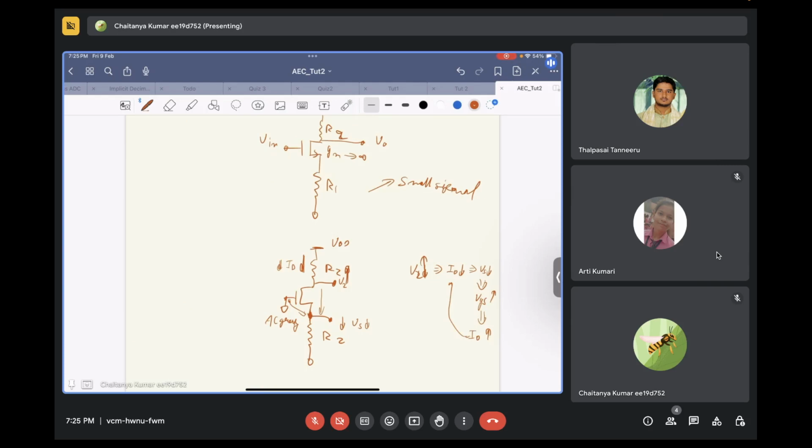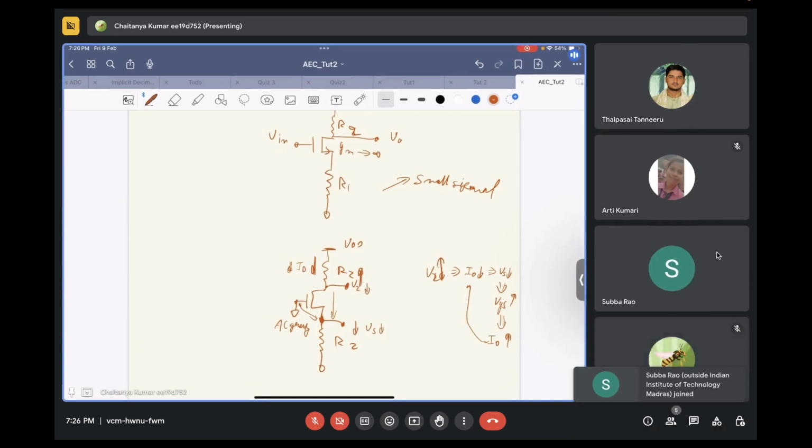The V2 tried to increase. That means ID tried to reduce. That means VS tried to reduce. That means VGS tried to increase. That means ID again increased. And if ID has increased, then V2 again will start to reduce. So this circuit is trying to revert back to its original position. That means this circuit is in negative feedback. This circuit is a stable system.